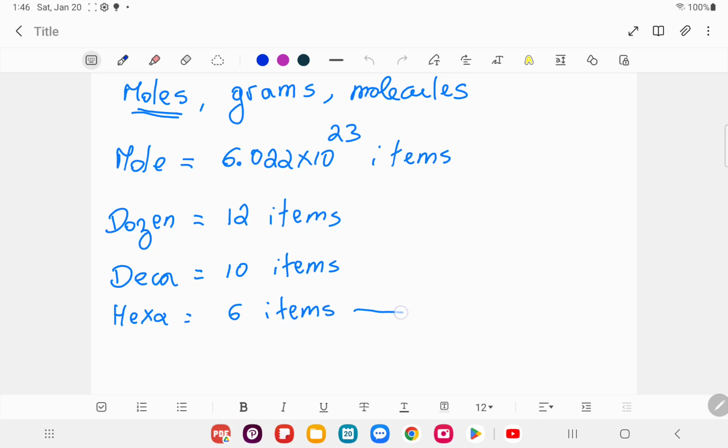In the case of hexagon, it is a shape with 6 sides. We still use the word hexa, but then we have gon, which means a polygon with 6 sides. Deca, same thing. If we say decagon, it is a polygon with 10 sides.